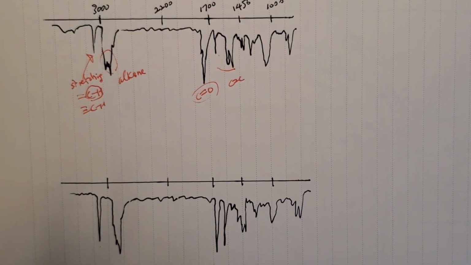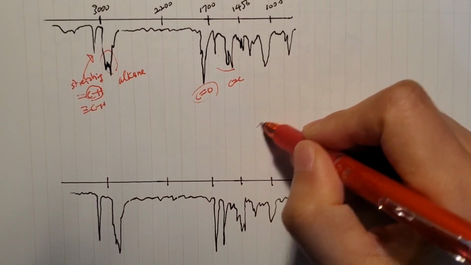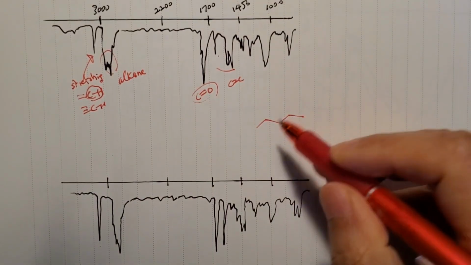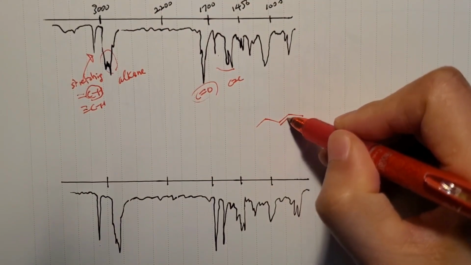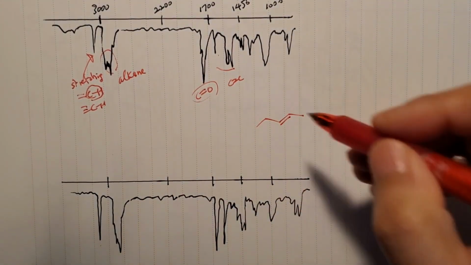I don't want to give you the exact number. This is a made up spectra. But my point is, if you have a certain number of carbon, you have some alkane, but you have alkene, and then you have carbonyl group.